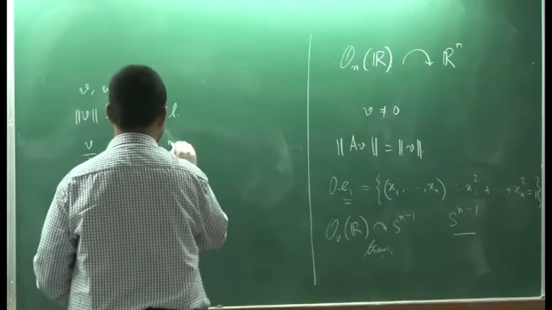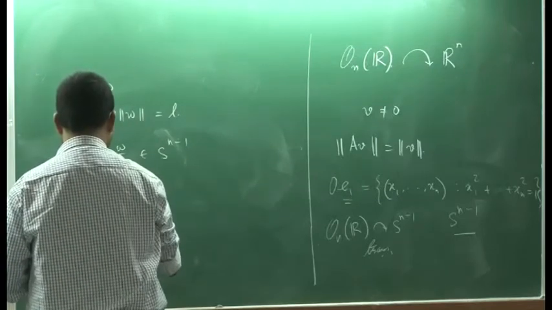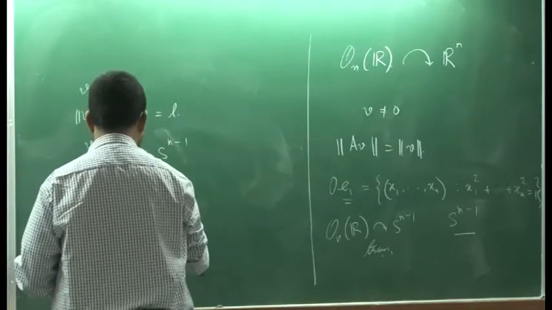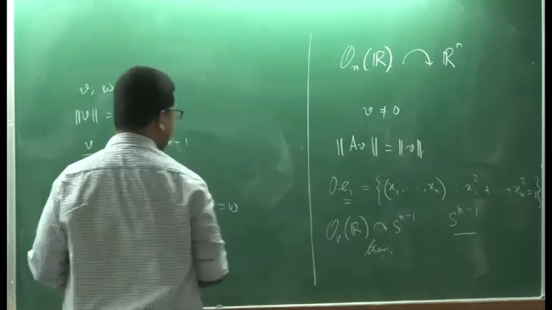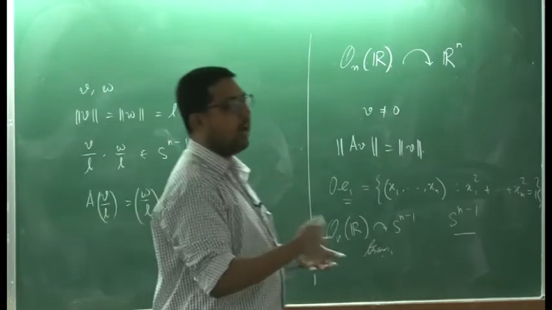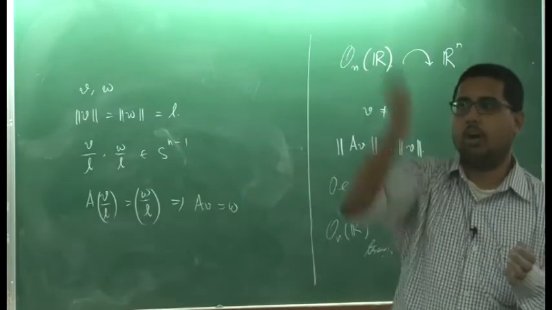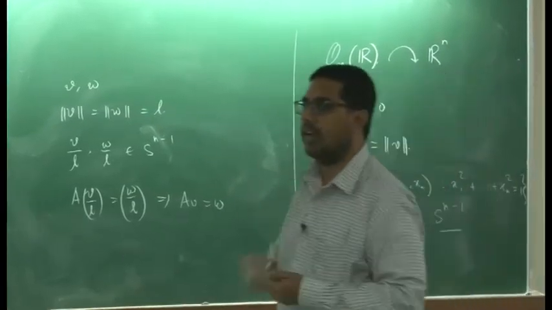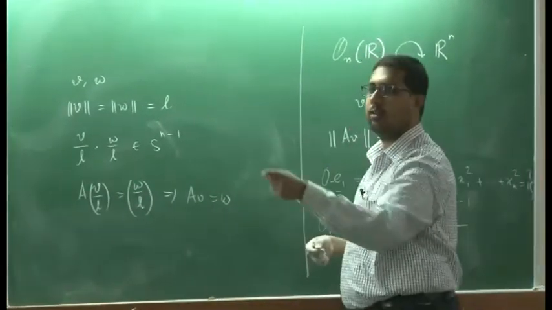Hence, there is an orthogonal map sending one to the other, which implies AV equals W. So, in view of all this, we see the orbits are the spheres centered at the origin with all positive radius, and if you want to include the zero vector, the origin itself, then we should allow 0 radius as well.